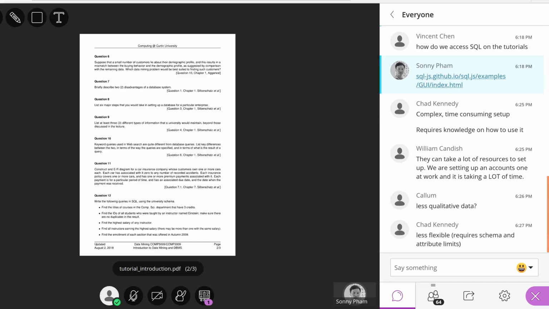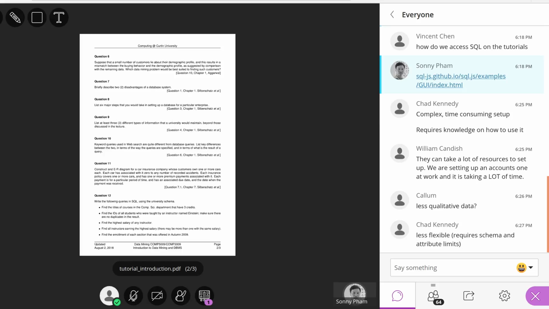Yeah, so we have from William here. Yeah, it can take a lot of resources to set up, right? Oh, yeah, okay. I'm not an expert in database, but I know that it's not easy. There are lots of things to tweak, and definitely it's a lot of effort. So obviously, yes, you have identified the setup requires expertise, right?